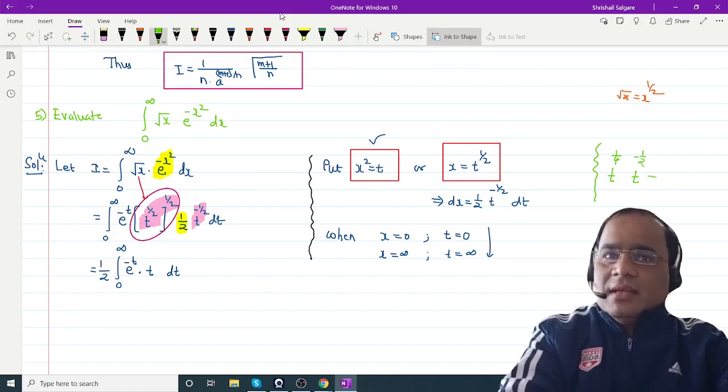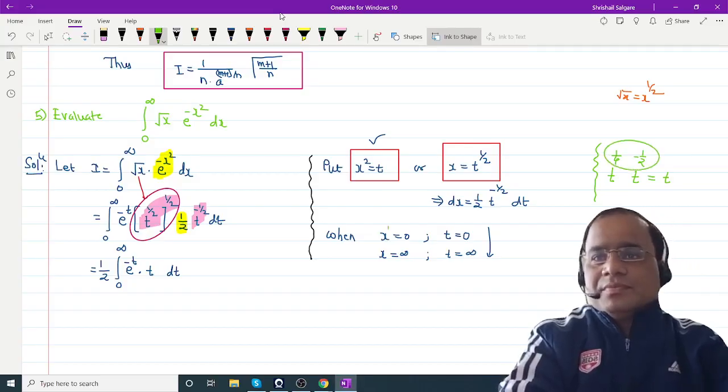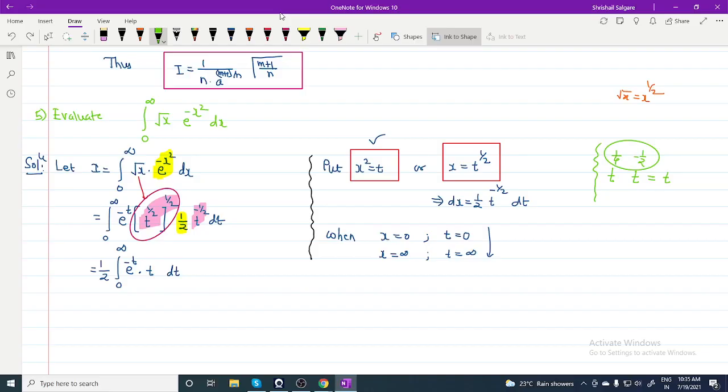If the base is the same, use the law of indices. What is the addition of these two? 1 by 4 minus 1 by 2, that is minus 1 by 4. Here you are multiplying by 2, here you are multiplying by 2. So this is minus 1 by 4.